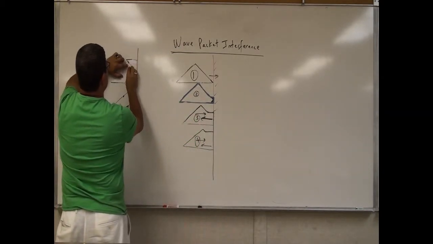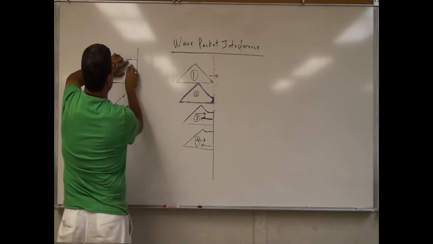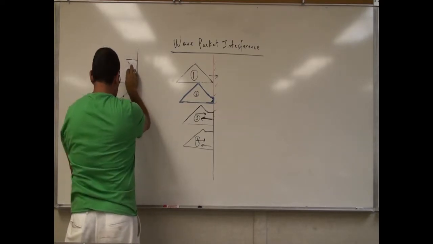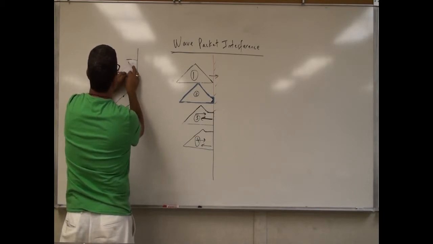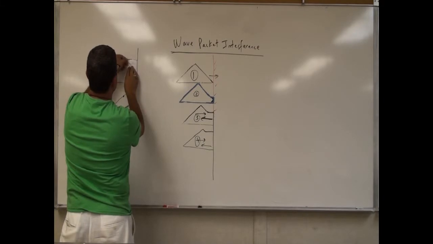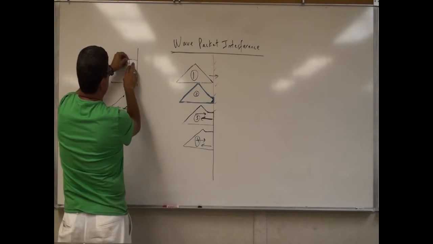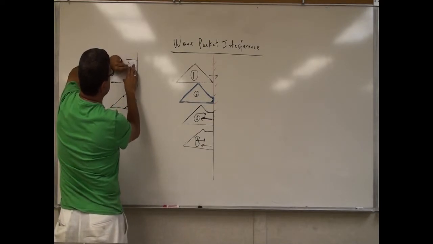And then what I'm going to argue is that after that, I'm going to bring this piece of paper down like this. I'm going to flip this like this and then bring it down.